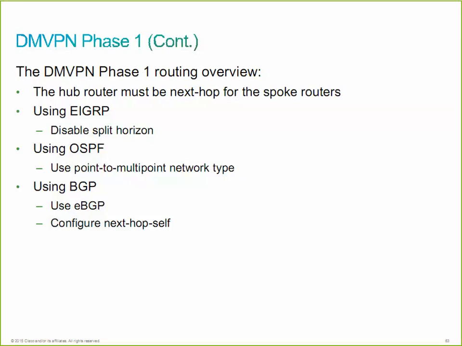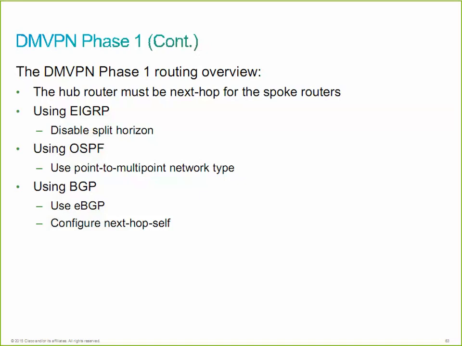The other downside to DMVPN phase 1, if I'm using a traditional distance vector routing protocol like EIGRP, is I have to disable split horizon on the hub router. We know what split horizon does in distance vector, right? The point of having split horizon is to prevent routing loops, but the rule states that the router should never advertise a route out the same interface that it learns it on. That includes that multipoint GRE interface.